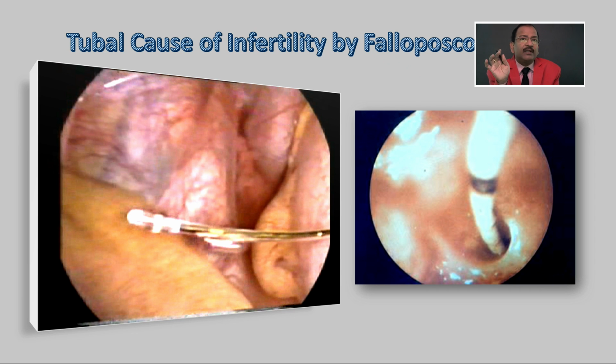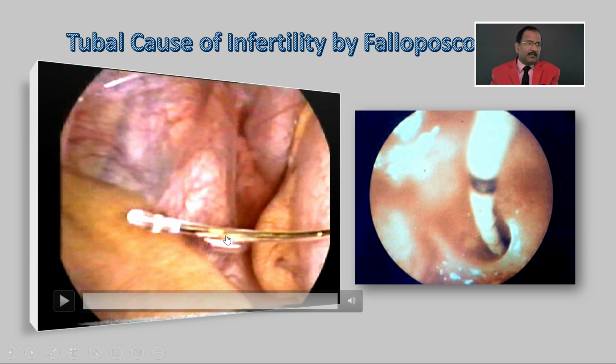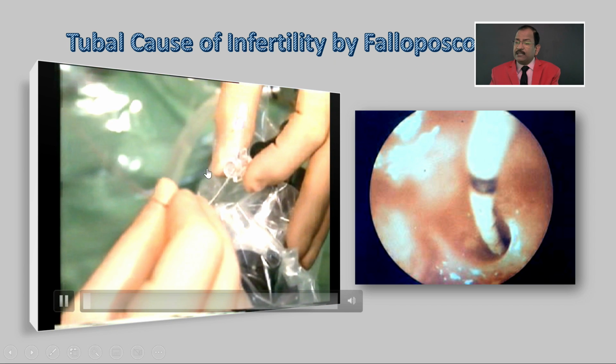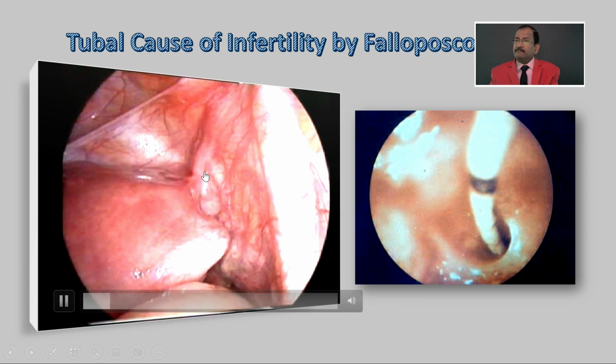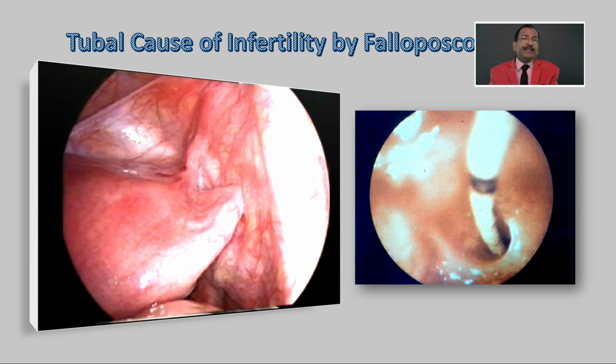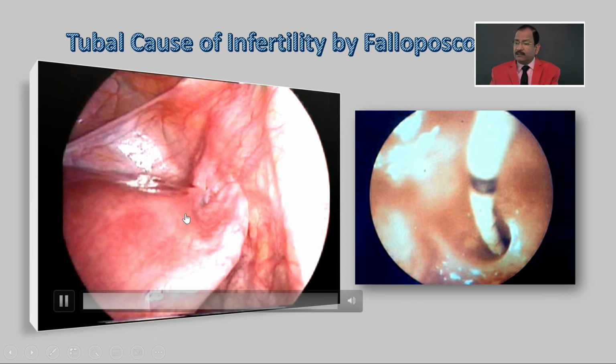So they have infertility. But the tubes are open. Do you know, in tubal patency testing there will be a lot of free spillage, because there is no resistance due to no cilia. So falloposcopy is required to see the cilia, and then proper treatment, quitting smoking, and these things are required.